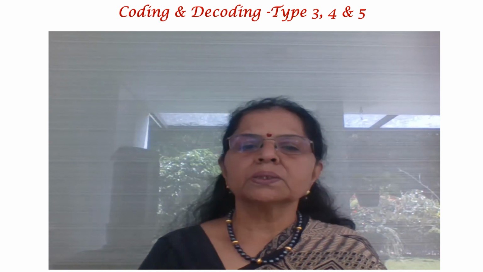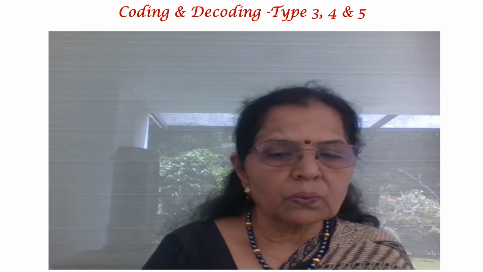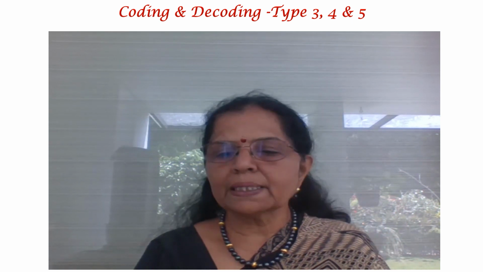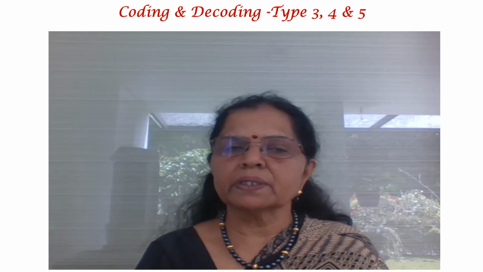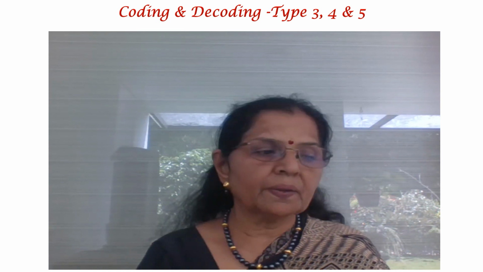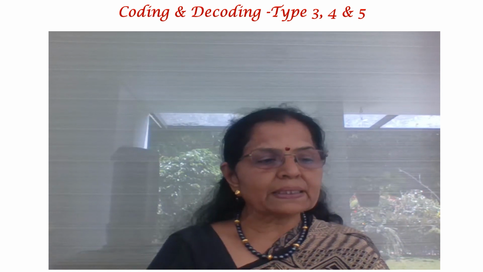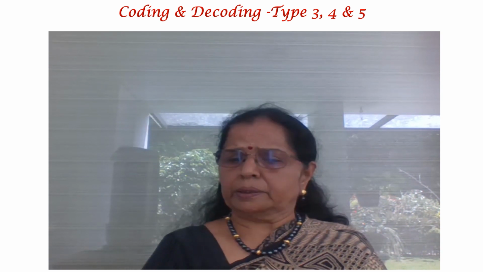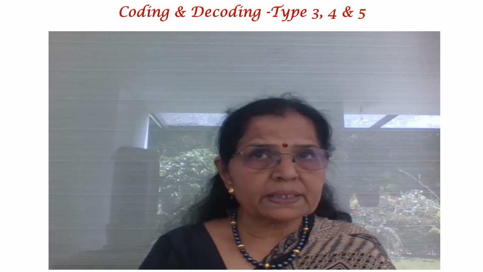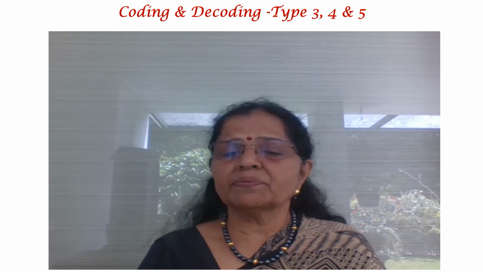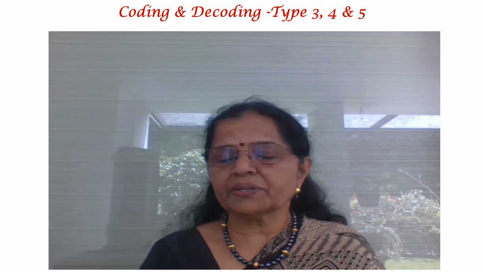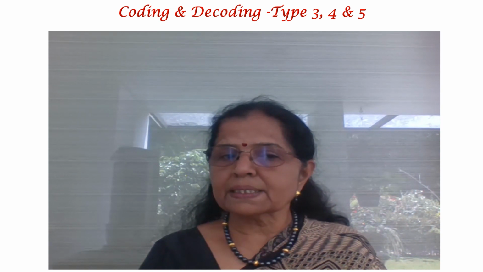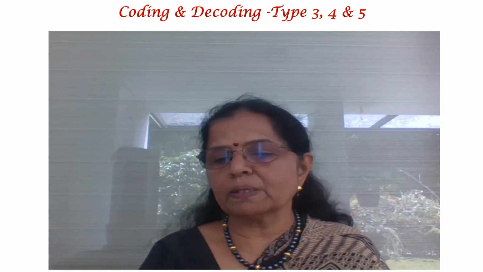In my last video, we were discussing chapter 5 in UGC-NET paper 1, mathematical reasoning and aptitude. In that topic, we were discussing the logical and verbal reasoning part of it, where we discussed coding and decoding problems.